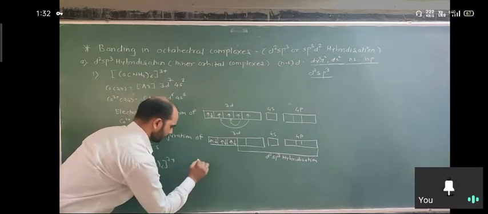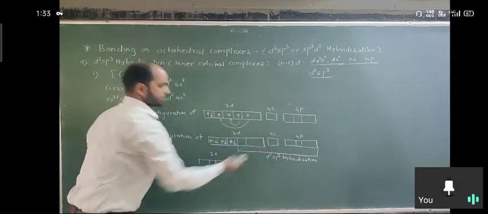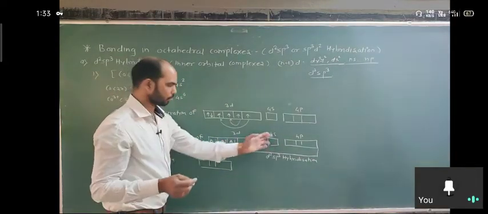So these are the 3d, and the set of the next five is 2d, 1s and 3p.